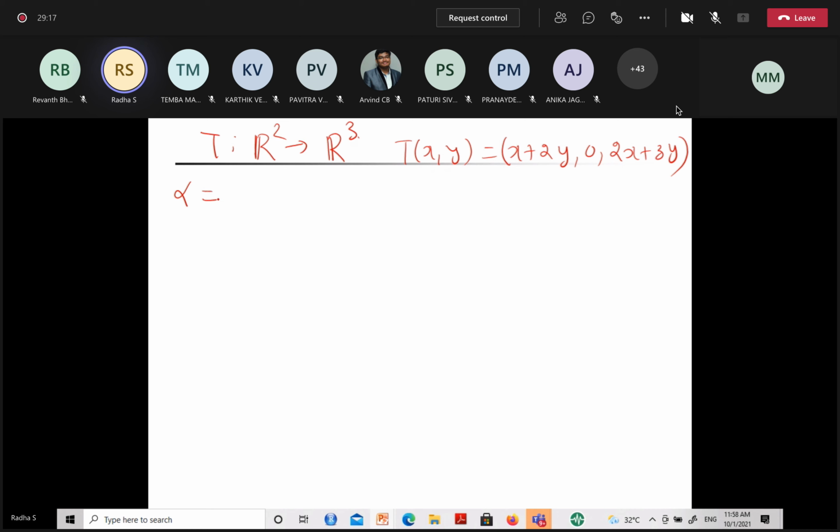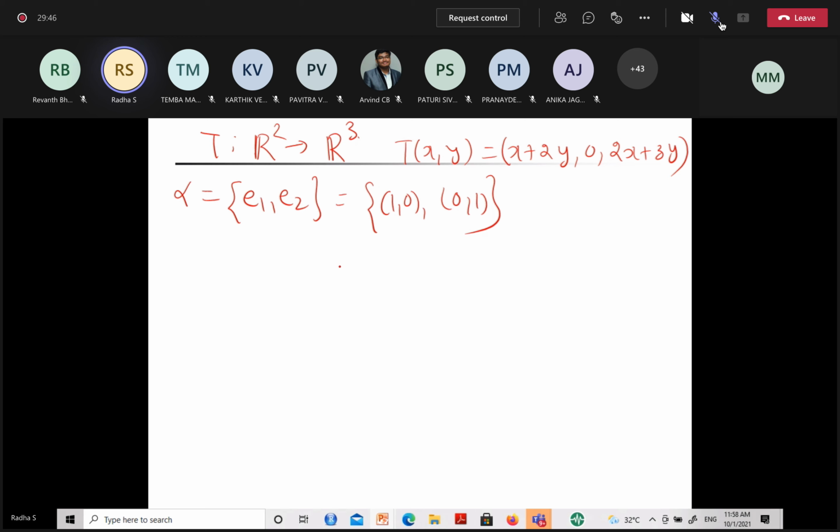So let me call alpha the standard basis for R square. What is that? E1, E2. That is 1, 0, then 0, 1. Always, don't change the order.